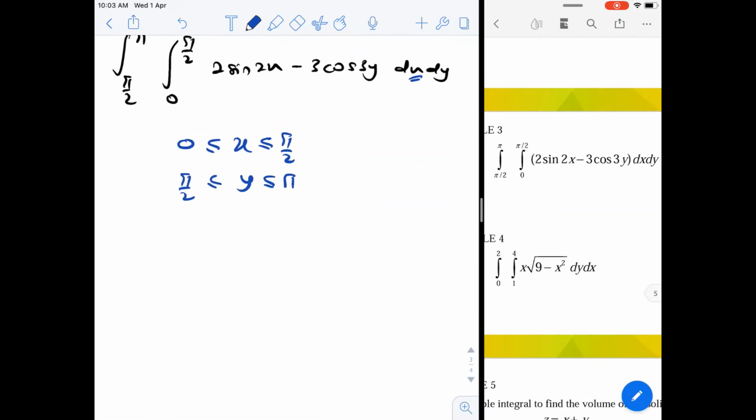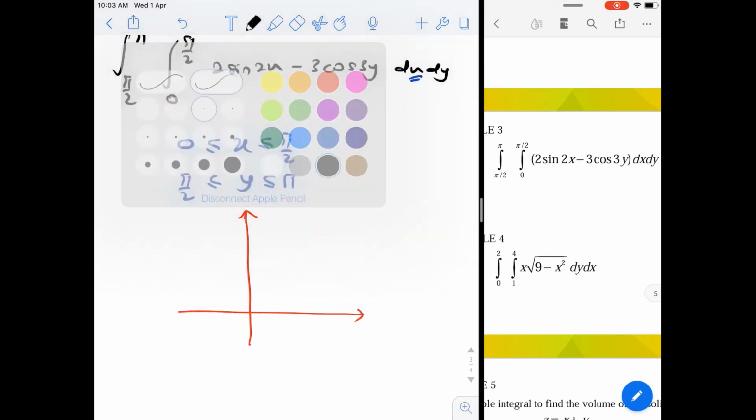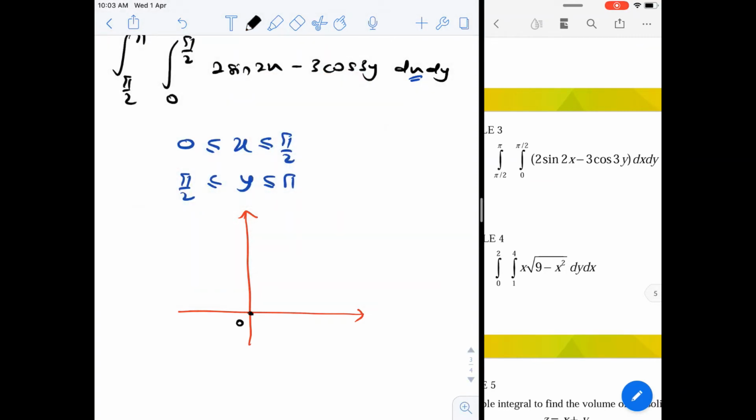So if we sketch the region, we can have a rectangular region like this. x is from 0 until pi over 2, so this is pi over 2, and then y is from 0, and y is from pi over 2, so let's say this is pi over 2, and then y equals pi somewhere here. Okay, so now your graph would be like this.